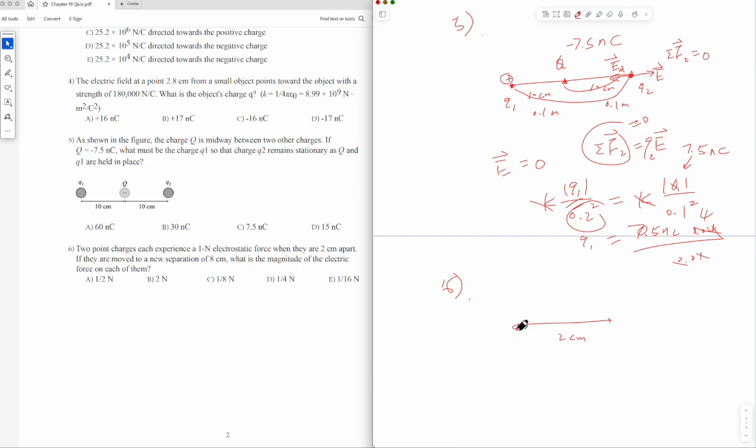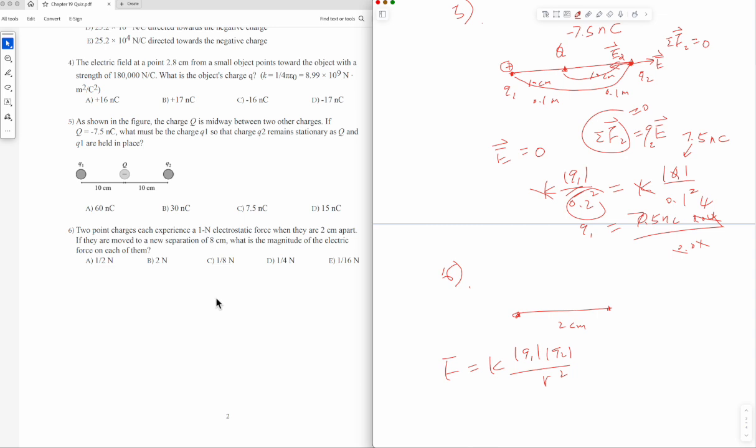The force doesn't matter whether it's repulsive or attractive: force equals K Q1 Q2 over R squared. Now they ask if the charges are moved to a new separation. This is the first separation, and the second separation is 8 centimeters.